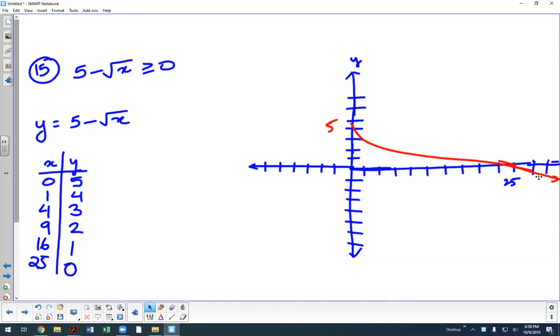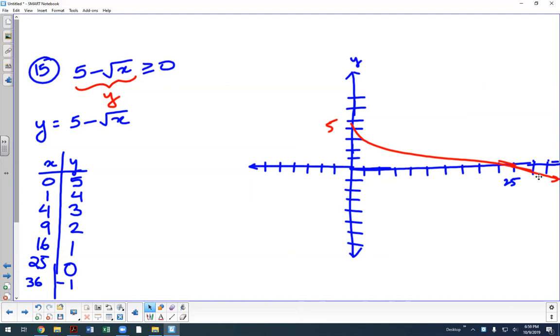So they want to know where your y values are going to be equal to and greater than 0. So what interval will that be? Because now we want our y values to be 0 or positive, right? Because we're saying greater than or equal to 0. So if I just look at this, give me the value for 36. It's going to be negative 1. So after we cross 25, we're going to look at negative y values, right?